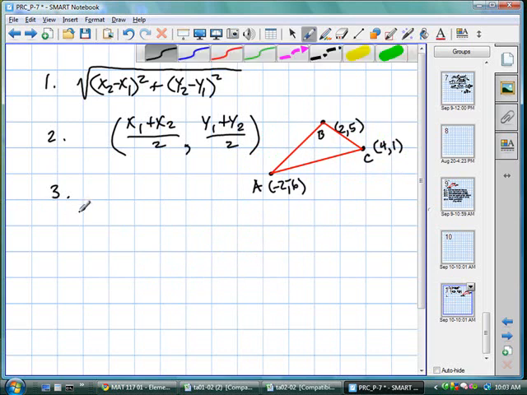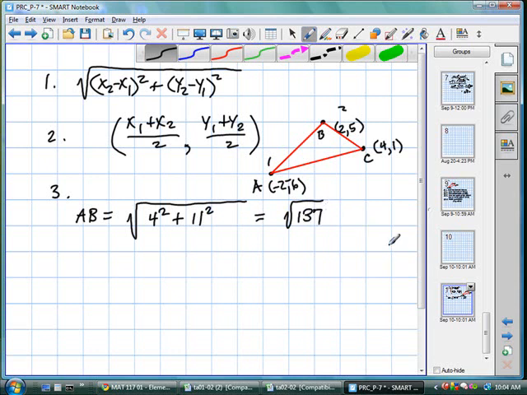Well, I'm not going to do all of them, but using the distance formula, and without writing out every bit of detail, I'm just thinking in my head, I'm going to call this one point 2 and this one point 1. And so x2 minus x1 is 2 minus a negative 2, which is 4. So 4 squared. And then 5 minus a negative 6 is 11. So we have 16 plus 121, which is 137.